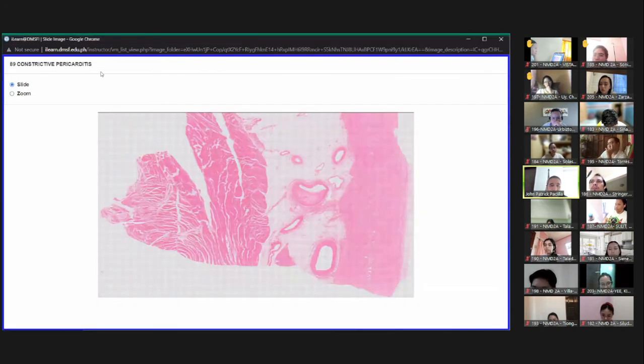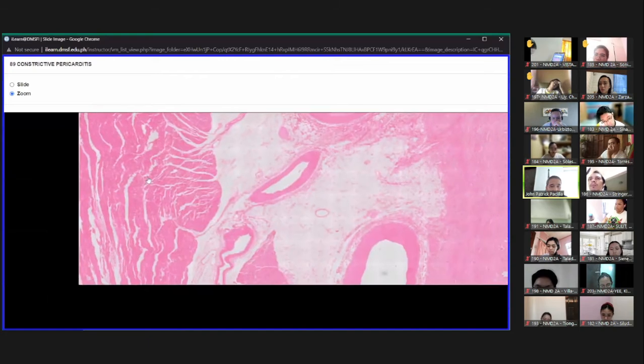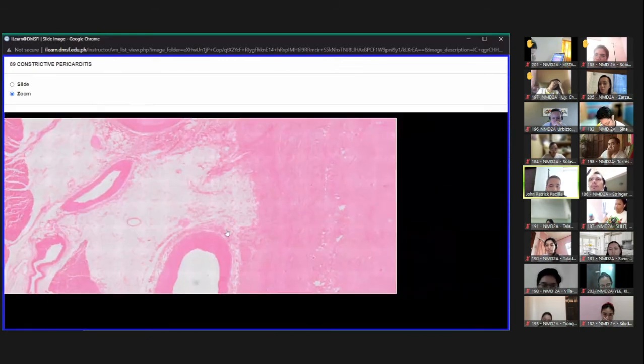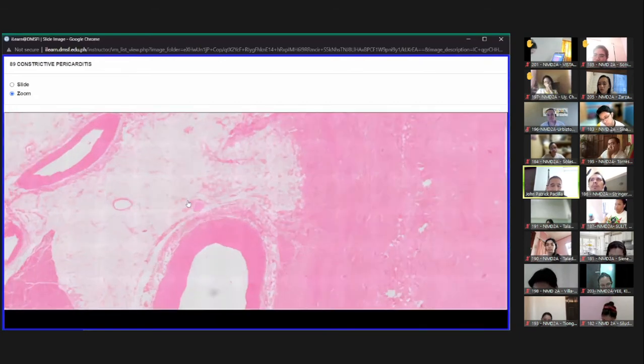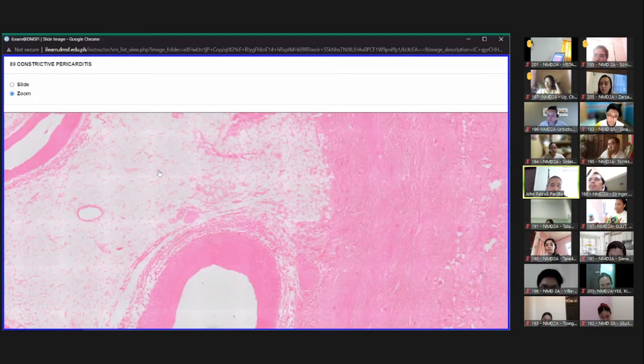So in this particular slide, you would see myocytes on the left side, and then this would be part of the pericardium. The pericardium would be composed of fibroadipose to fibrocollagenous tissue. Okay?